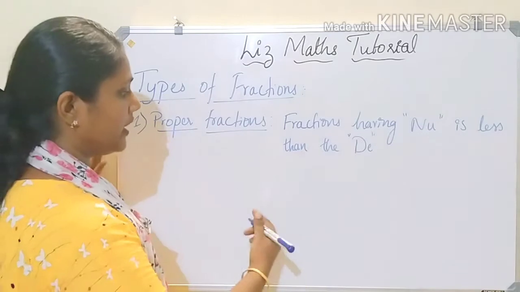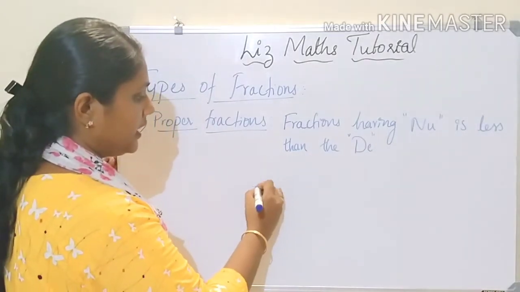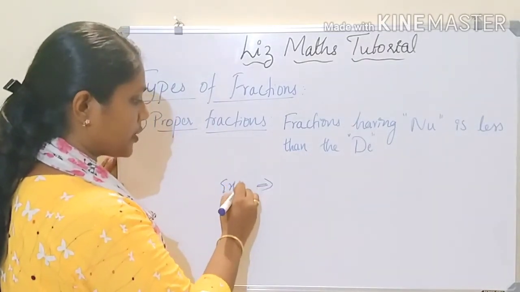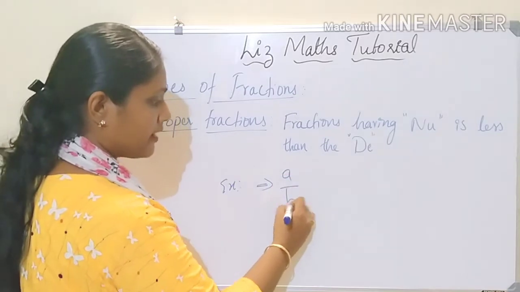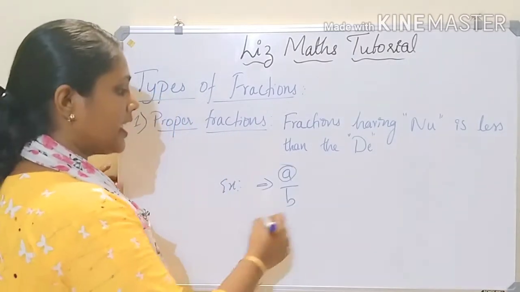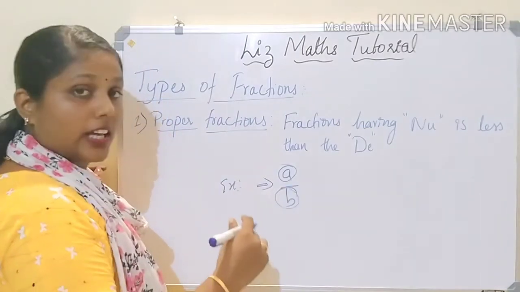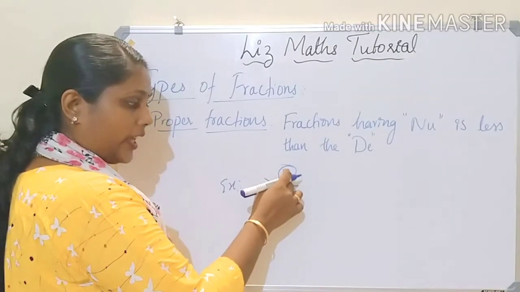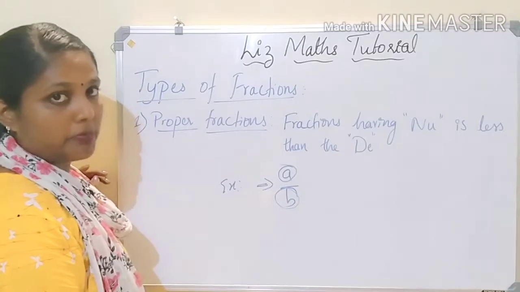Clear? So let me take one number as an example. Here in the form a by b, with a you have to take the small number, and in b you have to take a bigger number compared to a.